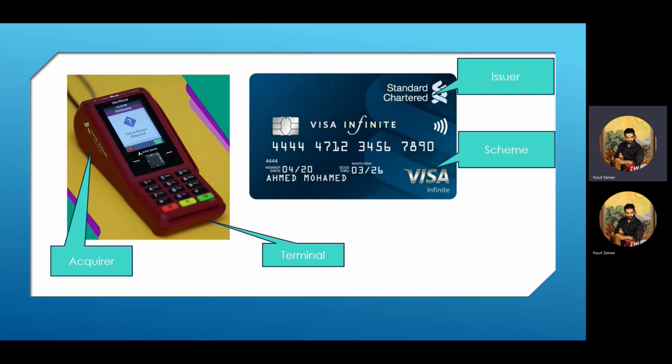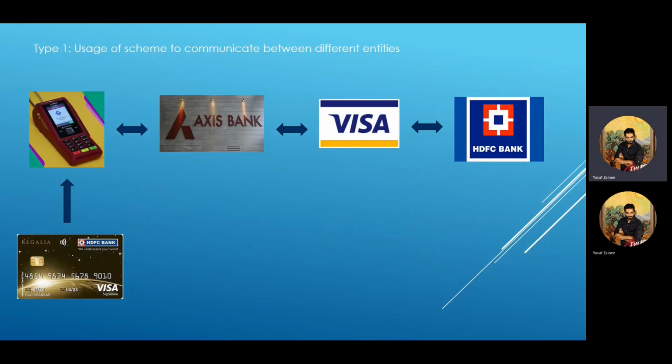So there can be basically two scenarios which can happen. Let's consider the first one where the acquirer is Axis Bank and the issuer is HDFC Bank. So you have this HDFC credit card, which is a Visa signature card, and then you are swiping it on the Axis Bank terminal to make a payment.